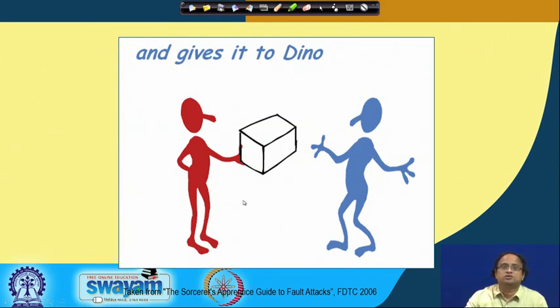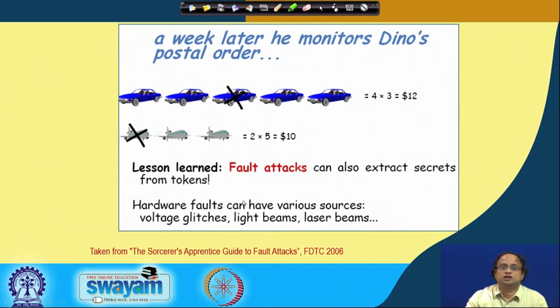Since one of the toys has been broken, Dino either pays $12 or $10. And the moment the postman is able to see which kind of payment the customer makes, he is able to understand which of these two transactions took place. So this is a very simple example, but it shows us that faults can be used to extract secrets.